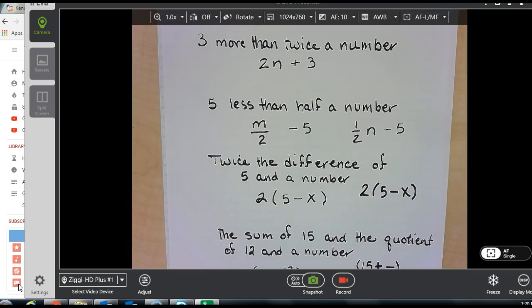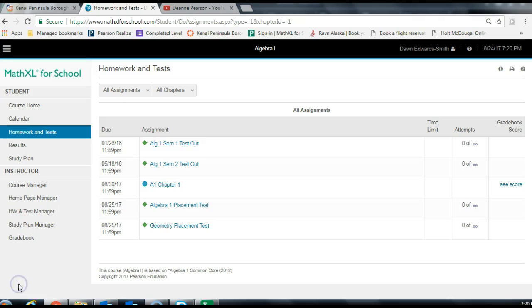So now we're going to go to our homework. All right, so your homework page, when you sign in and you're in algebra, you had all these placement tests in there before, and they'll still be there for a little bit until everybody's done placing. But if you see a blue circle, that is homework. So A1, Chapter 1 is your homework.